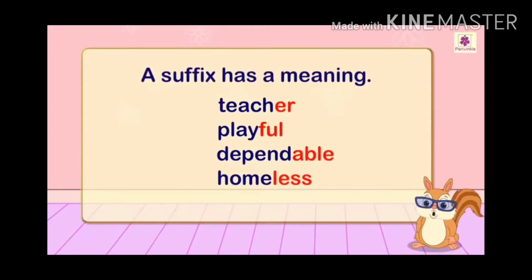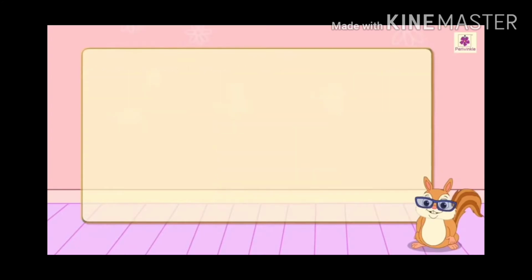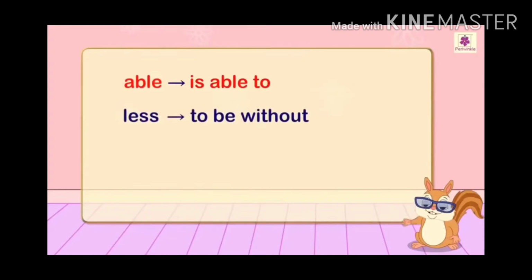A suffix has a meaning. Some suffixes like able, less, etc. are words too. Able means is able to. Less means to be without. Full means to be full of.